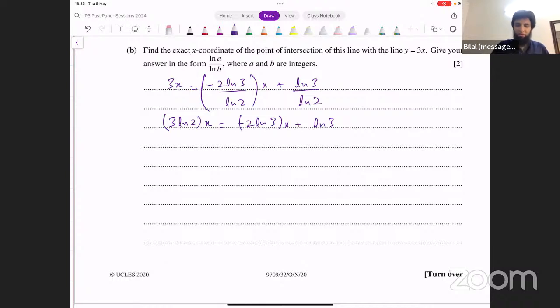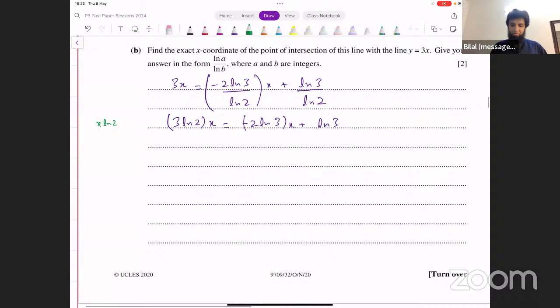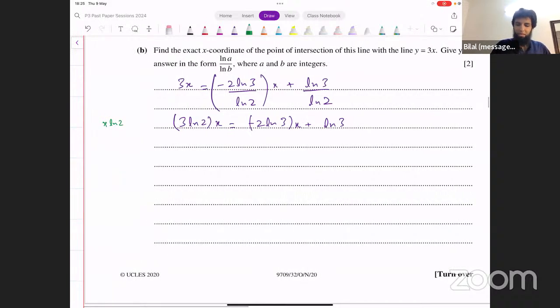When I multiply the whole equation by ln 2, this is what I end up getting. All right. Now, we need to make x the subject. So bring this term to the left side. It becomes 3 ln 2 into x plus 2 ln 3 into x equals ln 3.